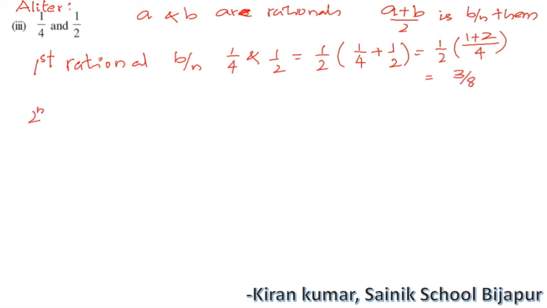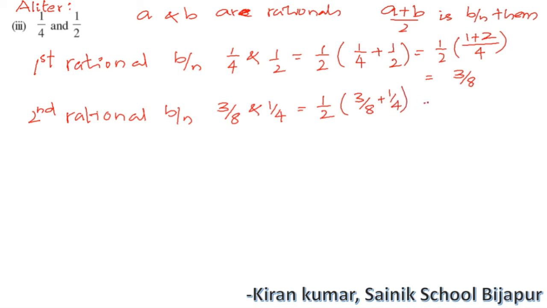Now I'll find the second rational between 3 by 8 and 1 by 4. So that is half of 3 by 8 plus 1 by 4. LCM will be 8. So when 8 is the LCM, the 3 should be added with 2.